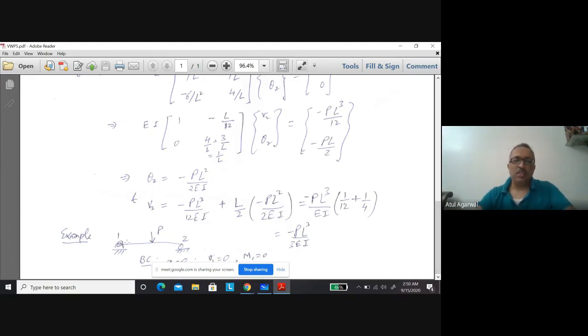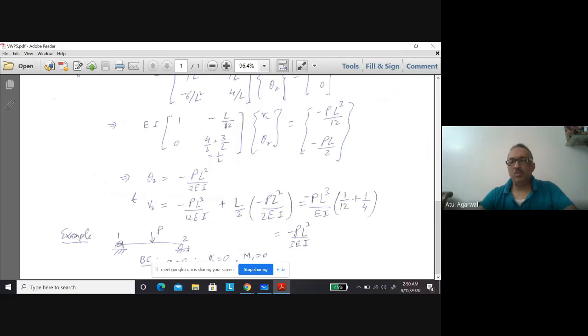Now we can do another example where we apply a load in the middle. This is a simply supported beam. Our boundary conditions at x equal to 0 are: vertical displacement is 0, and the external moment is 0.